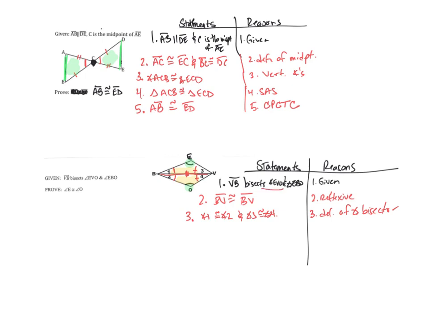So that means that triangle BEV is congruent to triangle BOV, and this would be by angle, side, angle. Well, if the triangles are congruent, then we know the parts will be congruent. So that means angle E will be congruent to angle O, and that's by CPCTC.